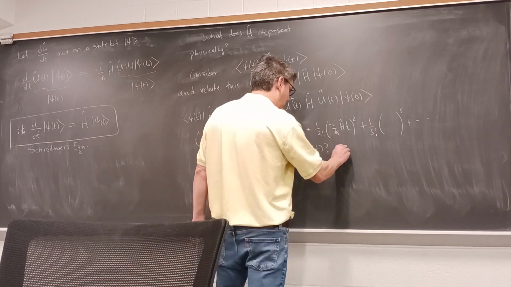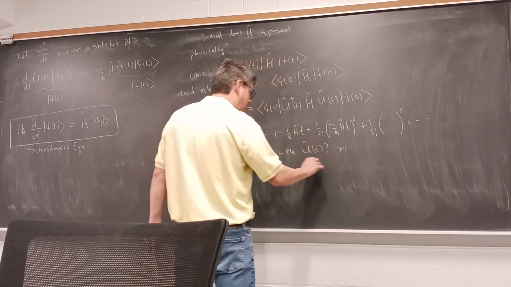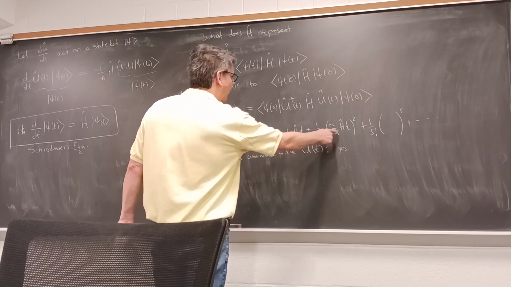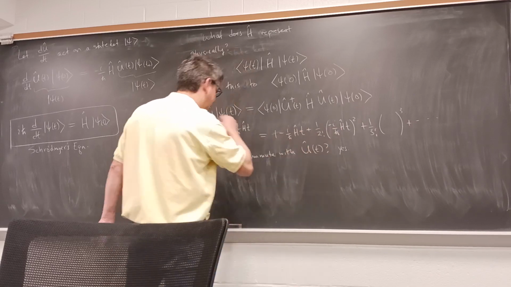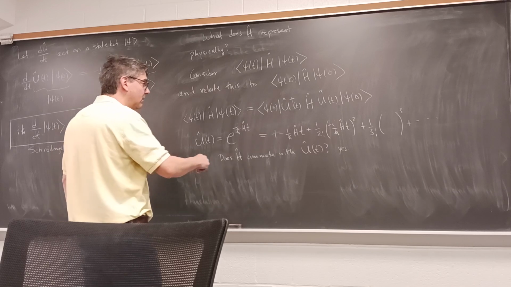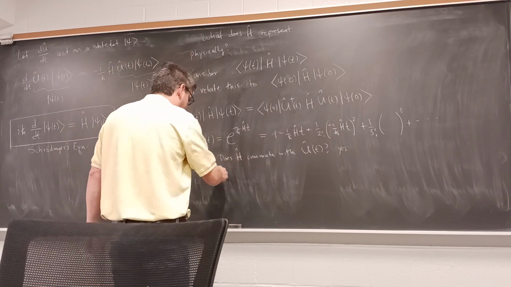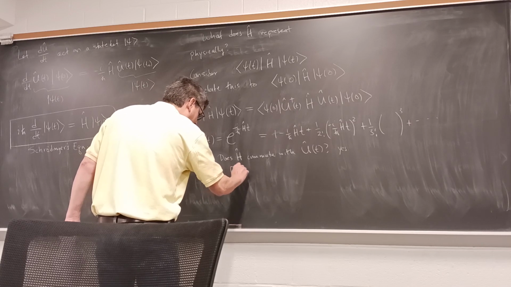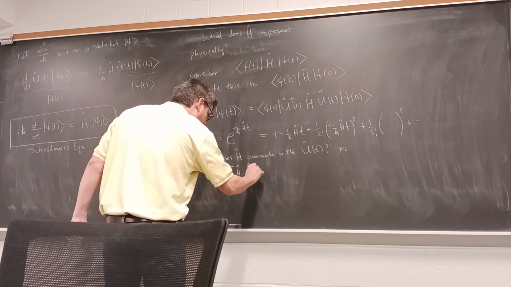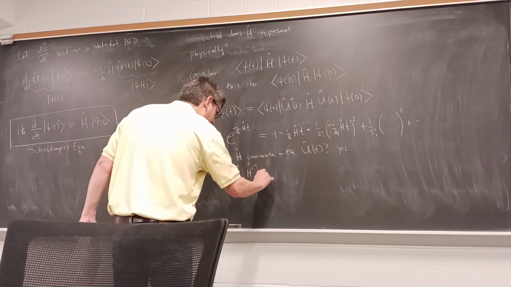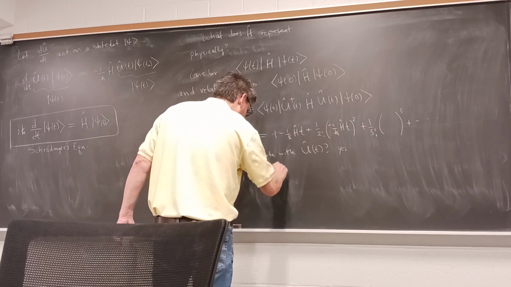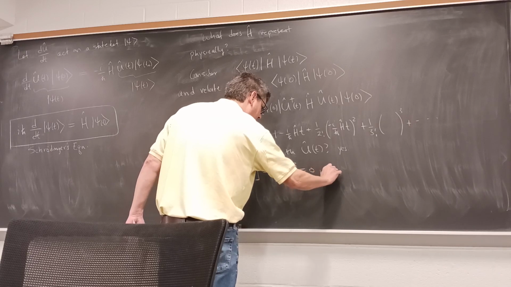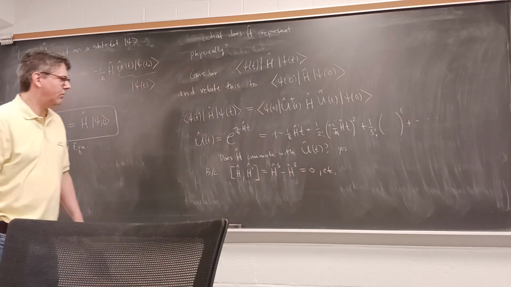If U contains only H, it will just commute with itself. If I took something like H with H squared, this is just H cubed minus H cubed. So it'll always commute.